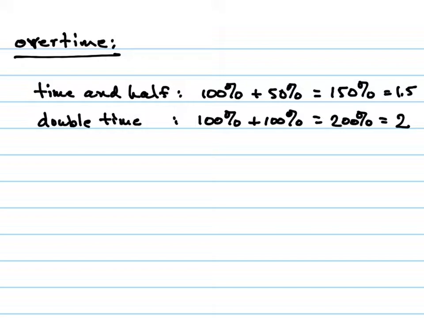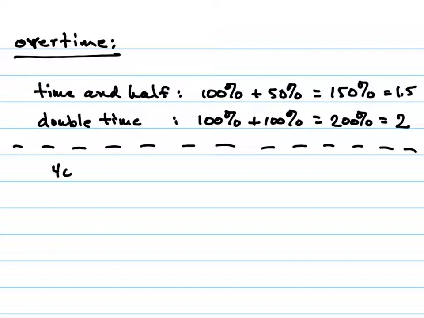So let's look at an example. Now, normally I would be doing the examples in halves, but of course, remember my screen is a little funny shape, so I'm going to do it across like this. This would correspond to your examples on the right-hand side of the page. So, John works for a building construction company. Find his wage during 1 week in which he works 40 hours at the normal rate of $16 an hour, and 3 hours at time and a half rates, and 1 hour at double time.